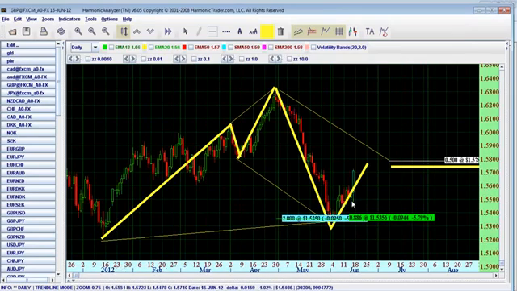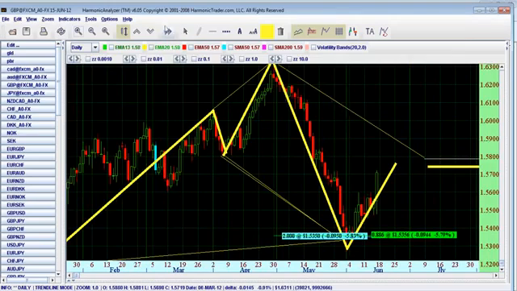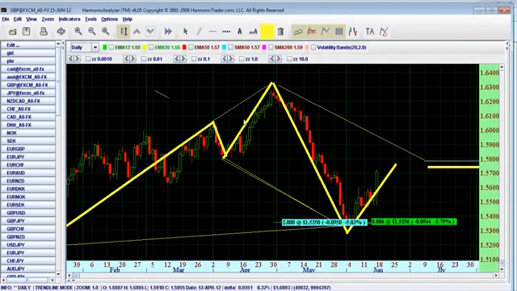In this case, the 886 with this 2.0 extension served as a great area to be looking for, at a minimum, a short-term counter trend reaction. In this type of structure, it can be tricky because the sterling dropped quite a bit.